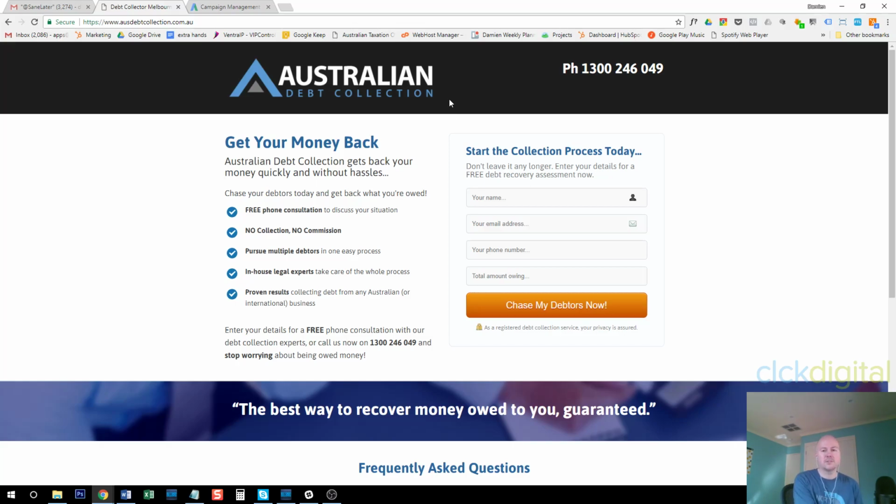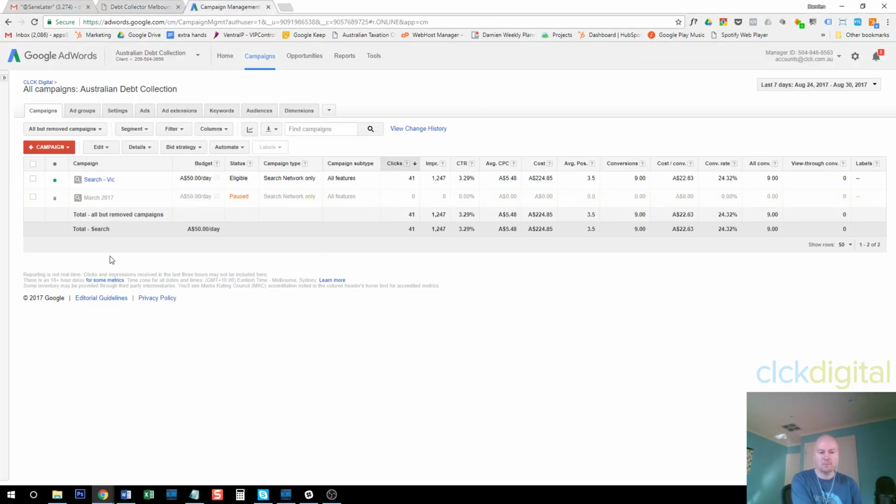So if you set up this kind of tracking, and we know exactly how many people are filling in the form and ringing this number, and then we tell AdWords exactly what a conversion is, then we can tell, if we go into conversions here, which ads are leading to more conversions. We can optimize the campaign over time.